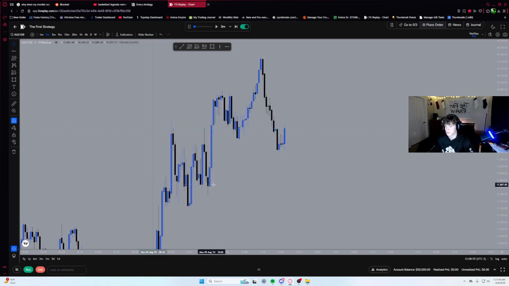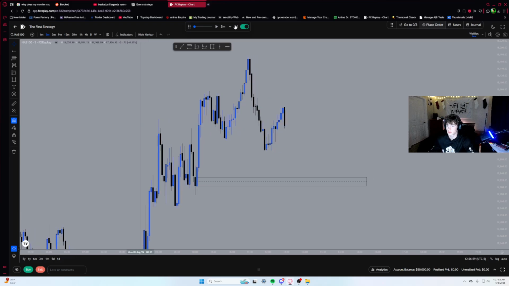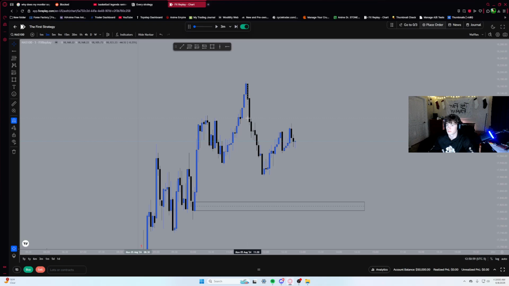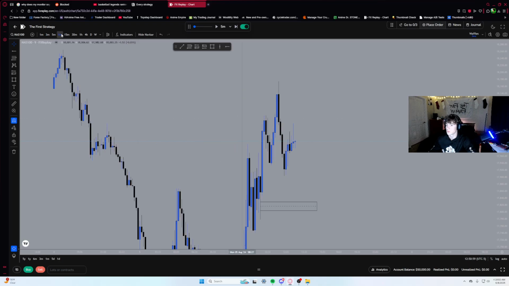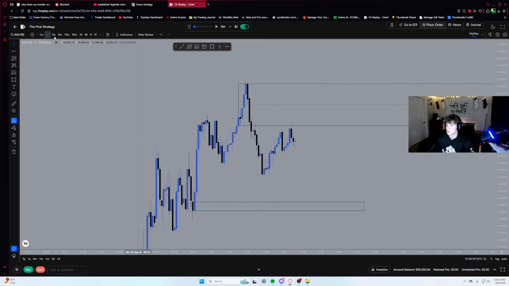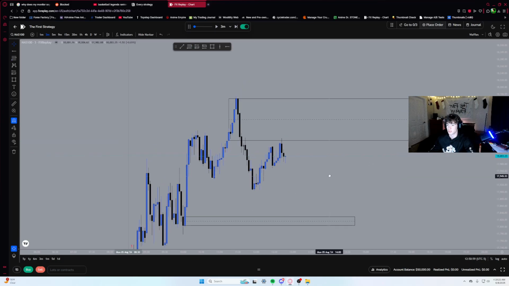And, I mean, this would be the order block here. And this would also be the order block, which we touched. Let's see if there's equilibrium. We have equilibrium.